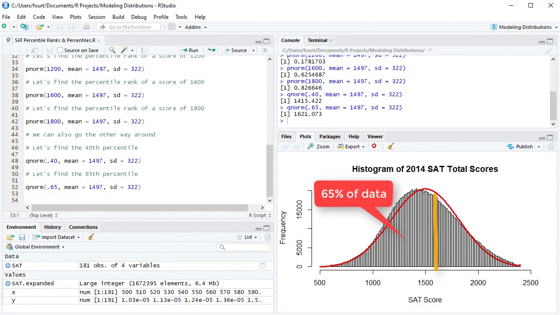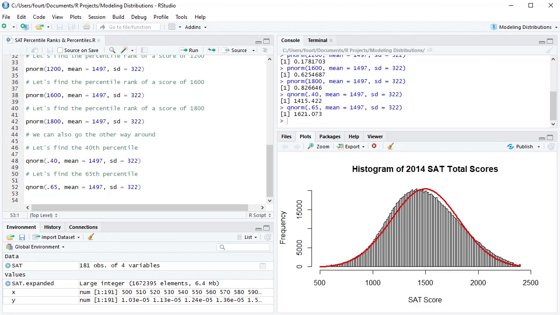Now, as it happens, there is no such thing as SAT scores of 1415 and 1621 because SAT scores are in increments of 10. But note that we're using a normal distribution model that is continuous. That means any score is possible on this model. If you prefer to report your percentiles as actual SAT scores, you can simply round to 1410 and 1620.